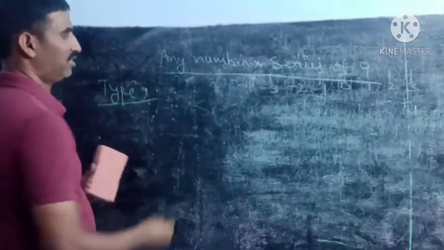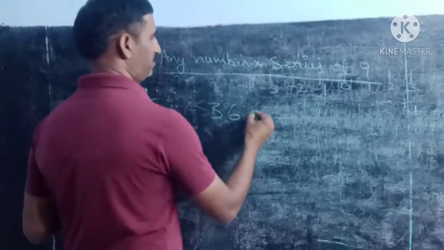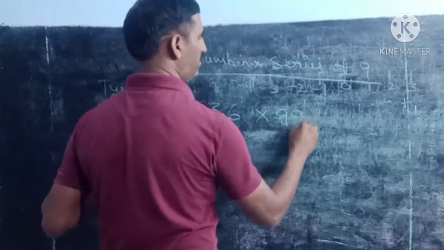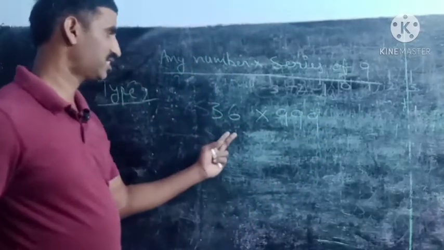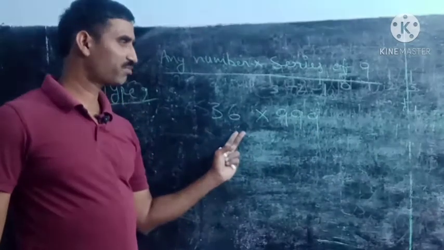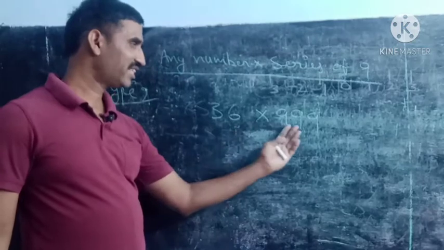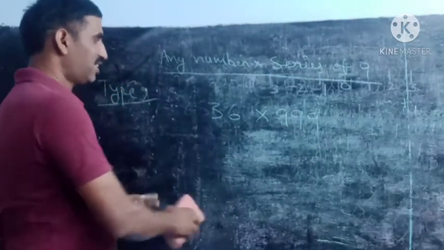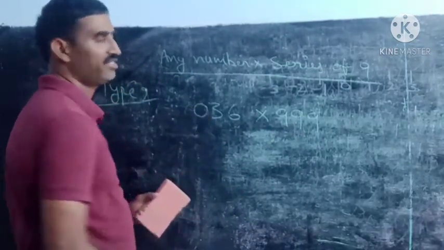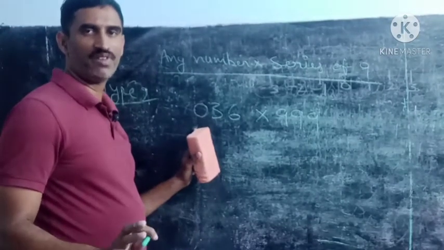So see here, 36 into 999. Here the number of digits is 2, here the number of digits is 3. So how to solve this type of problem? This is also the same as type 1. Here 3 digits will be there, here 2 digits. Let us keep one more 0 here. Type 1 you already know how to do.